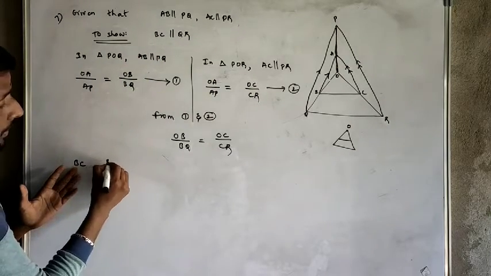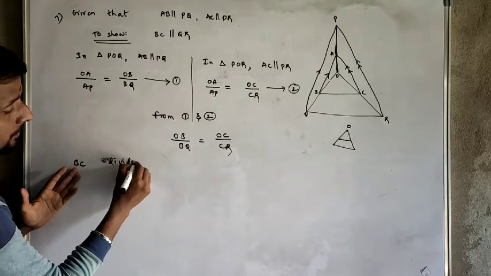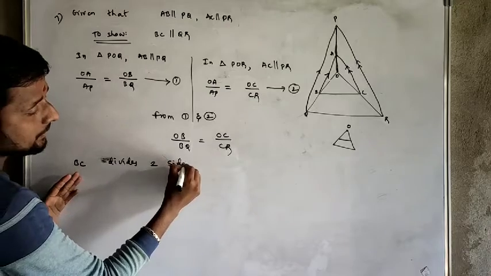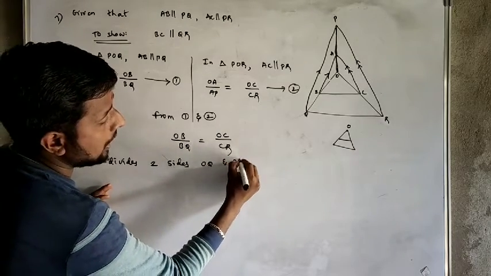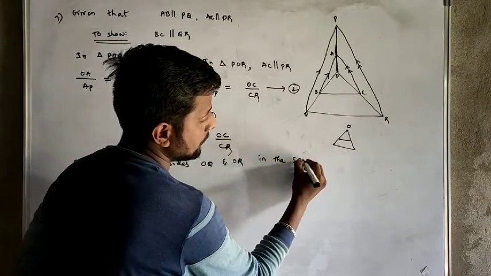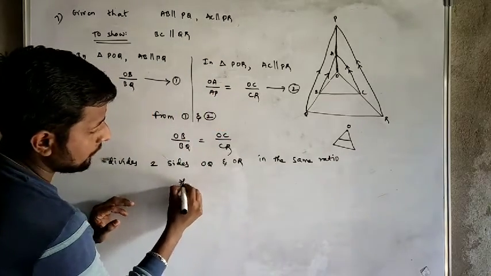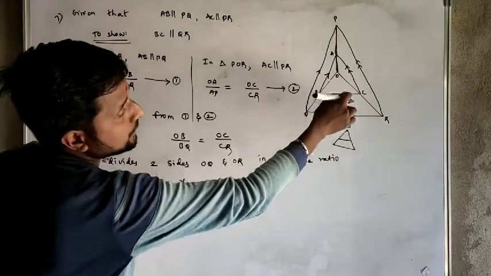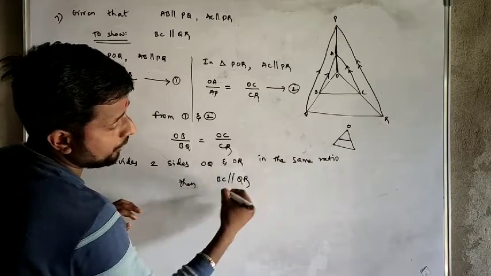Here, side BC divides two sides, what are they? OQ and OR in the same ratio. Then we'll write these two sides are parallel. So we'll write BC parallel to QR.